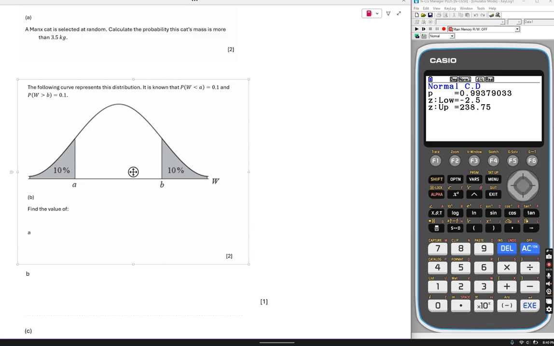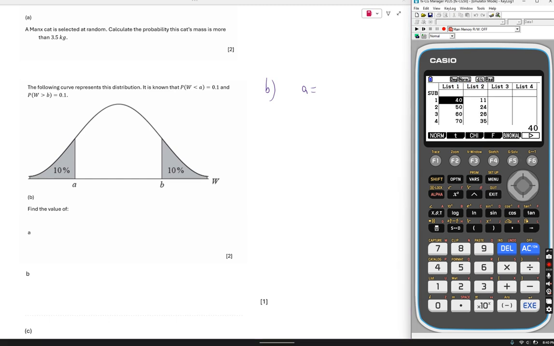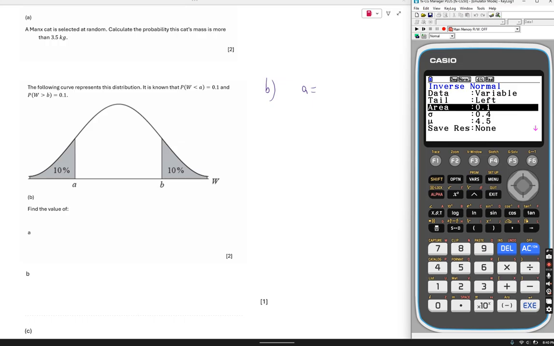For question B, A equals, we need to go back to stat mode, exit, distribution, normal, inverse normal this time. We want a left tail. If we're looking at A first, we want the area from the left to be 0.1.